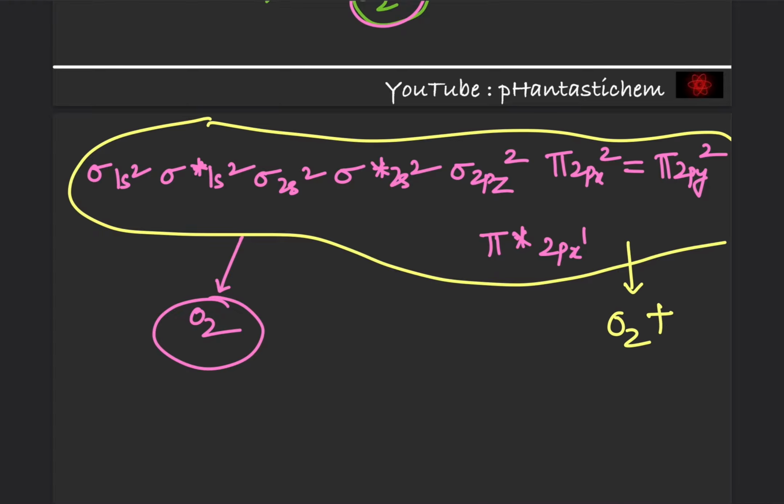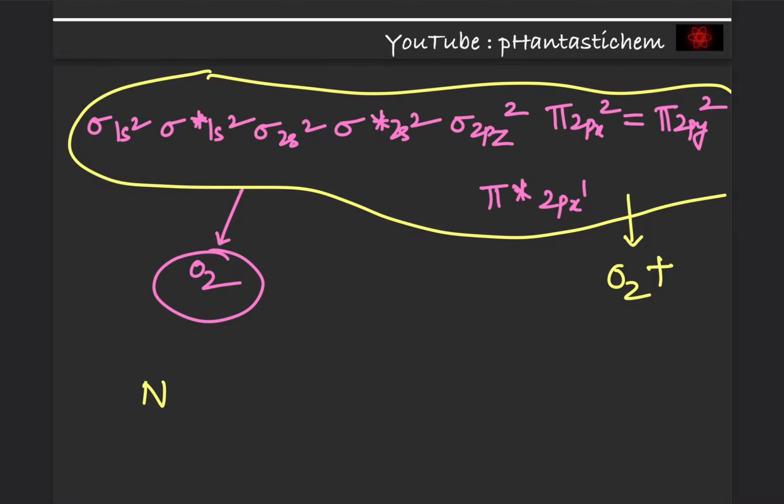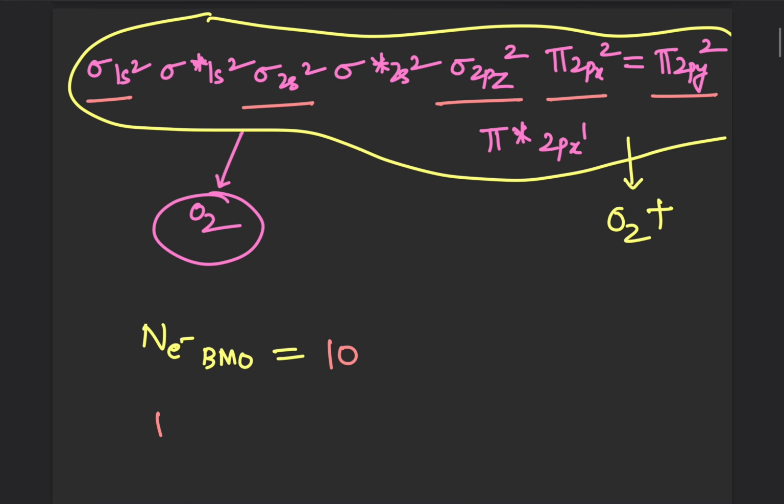Therefore the number of electrons in the bonding molecular orbitals, which I underline, is 10, and the number of electrons in the anti-bonding molecular orbitals is 5.